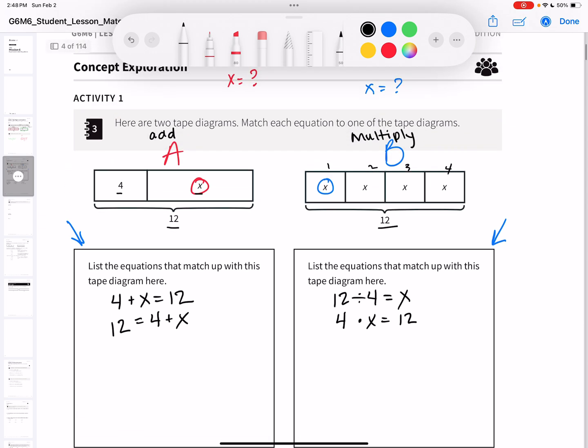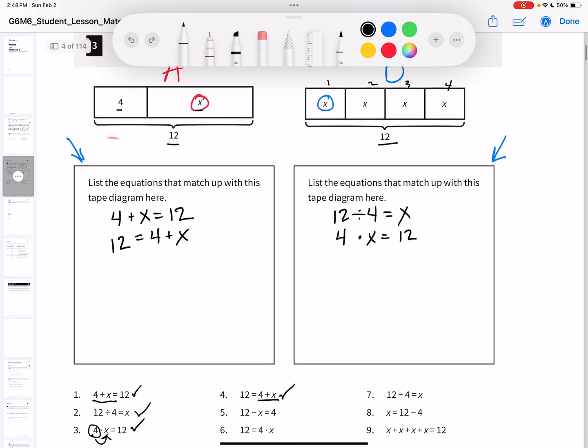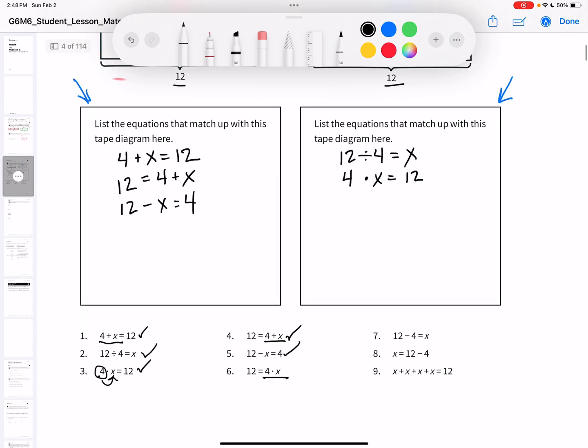So if I go back up to A and I have 12 and I take away x, I am left with 4. So 12 minus x does in fact equal 4. This one says 12 equals 4 times x. Well, 4 times x is the same as 4 times x over here, so that is correct. 12 equals 4 groups of x, 4 times x.